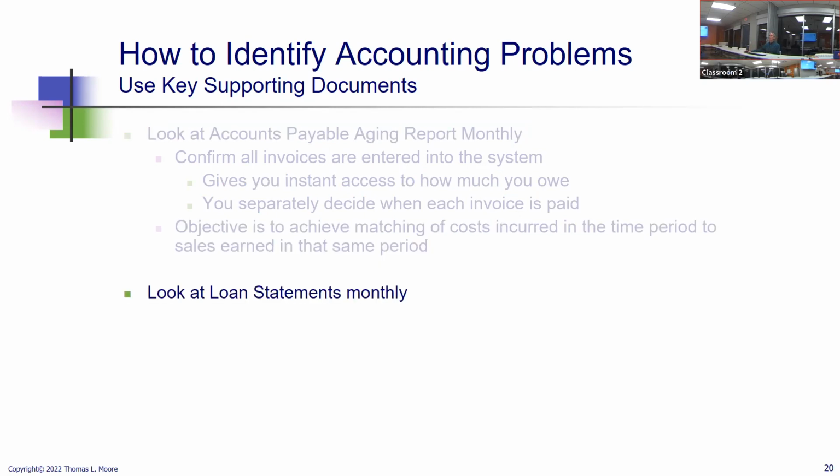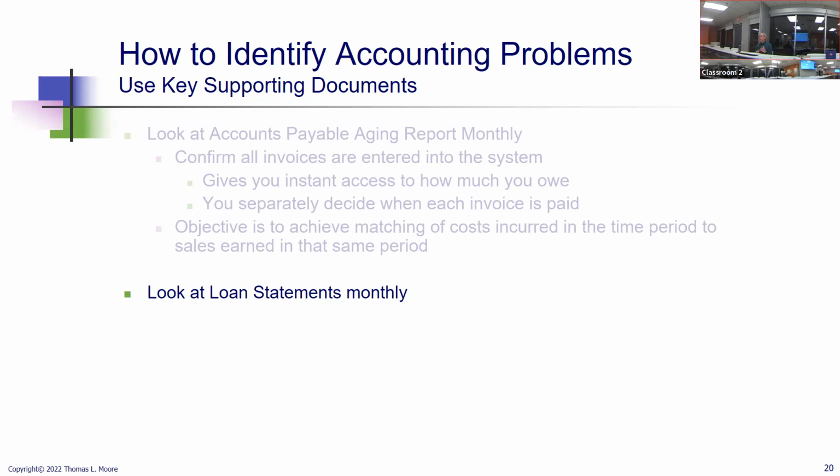You want to look at your loan statements monthly. This is another aspect of looking at documents on a regular basis so that your books are aligned with your bank or your loan agreements or with your vendors. Or for that matter, with your customers with accounts payable.